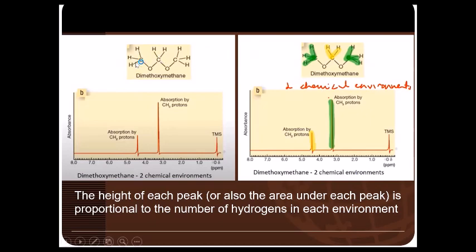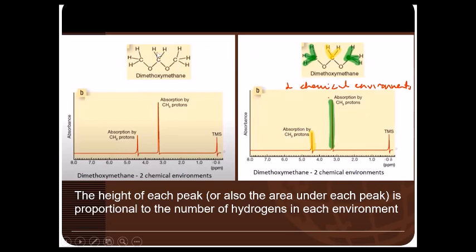Now the CH3s are both similarly connected to an oxygen. So even though there are two of them, one on each end, they're connected to oxygen in a similar fashion. So the NMR machine will identify them as chemically equivalent, the same chemical environment.